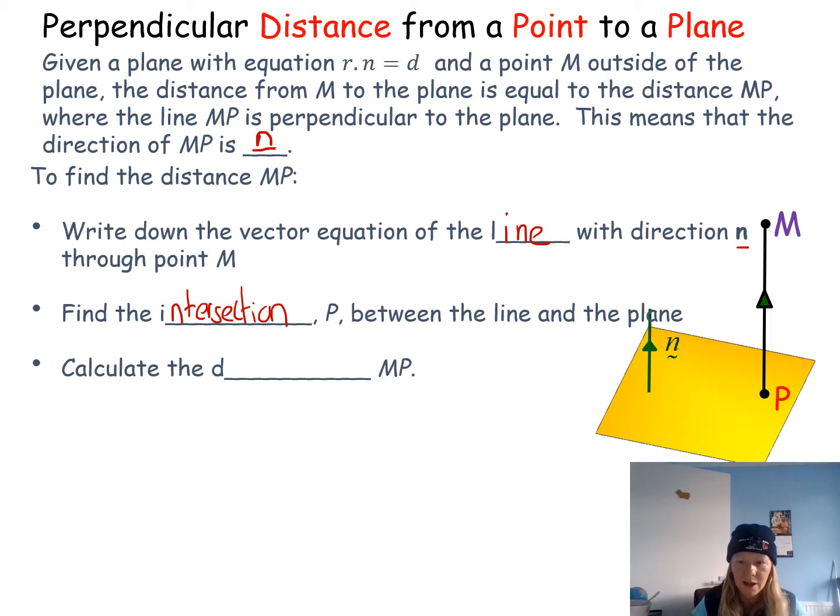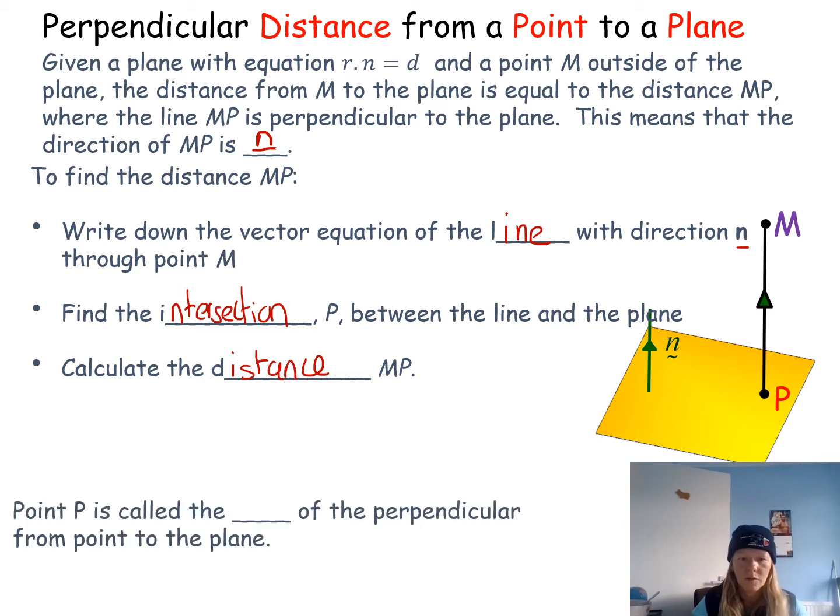So find out where this line hits the plane. And then we can calculate the distance between the 2 points, MP. So the point P is sometimes called the foot of the perpendicular from point to plane.